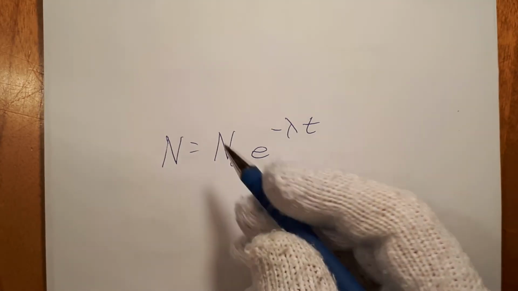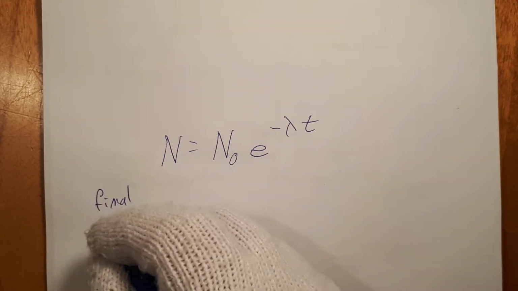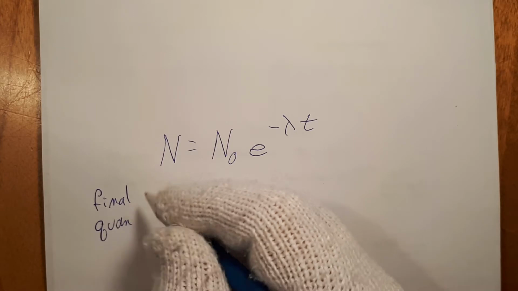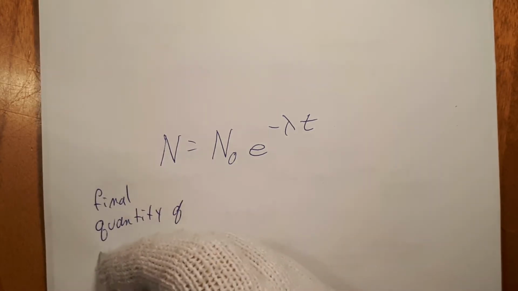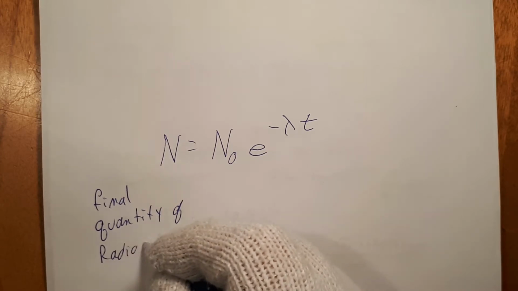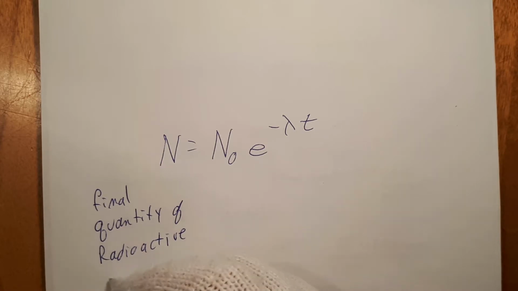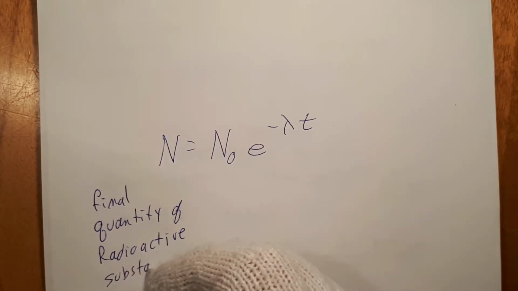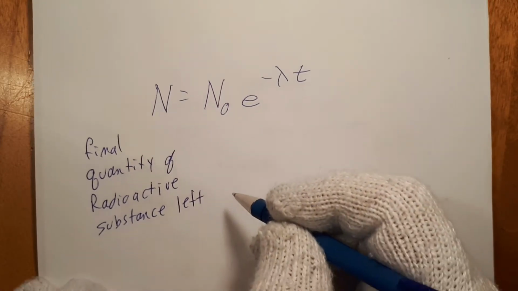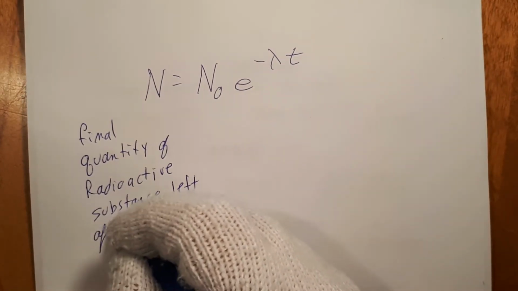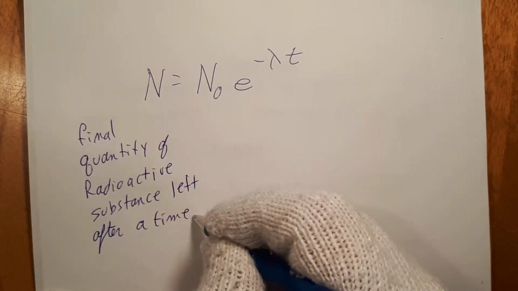N represents the final quantity of radioactive substance left after a time t.